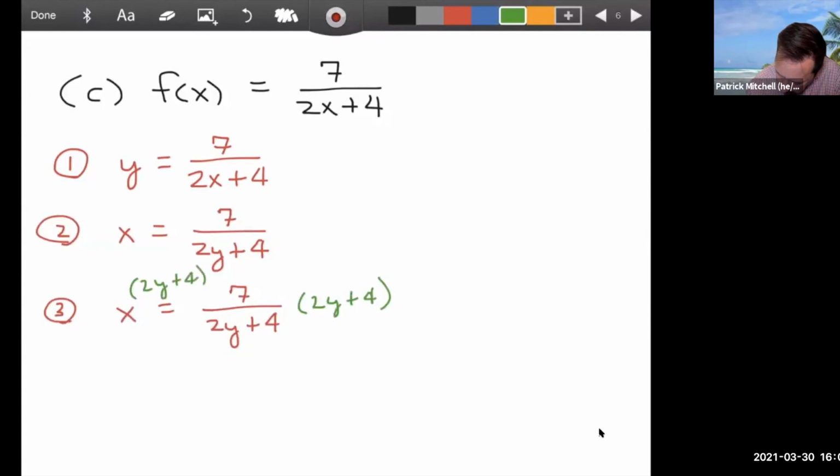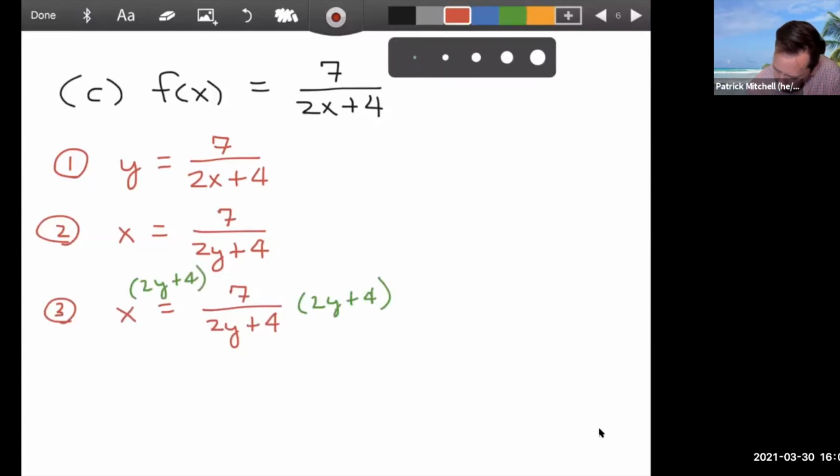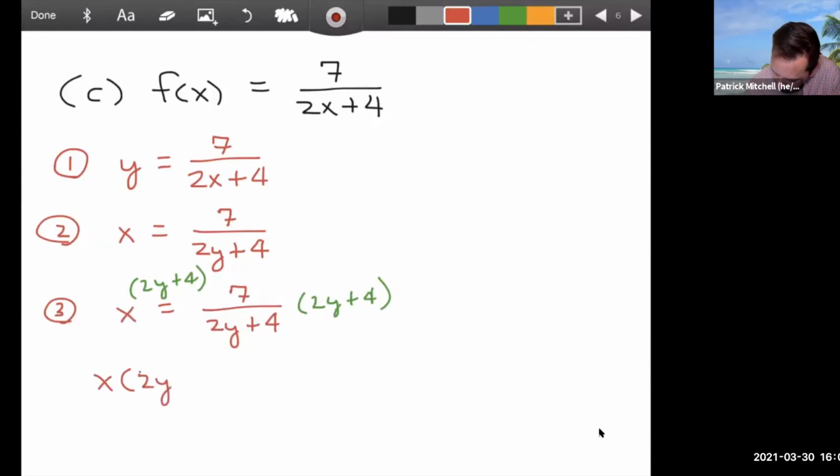So that's going to give me x times 2y plus 4 equals, those are going to cancel and leave me 7. All right, now there are a couple different ways you could go from here. I think what I'll do is divide both sides by x. Remember, I'm trying to solve for y.